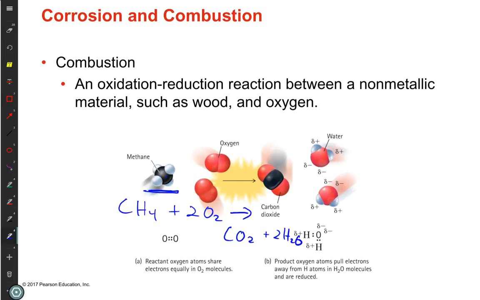When this occurs, the binding energy between the molecules becomes stronger. That is, they're more tightly bound together. The CO2 and the water are more tightly bound together than CH4 and O2. Because they're more tightly bound together, you drop to a lower potential energy state. Energy can't be created or destroyed. It has to be released.